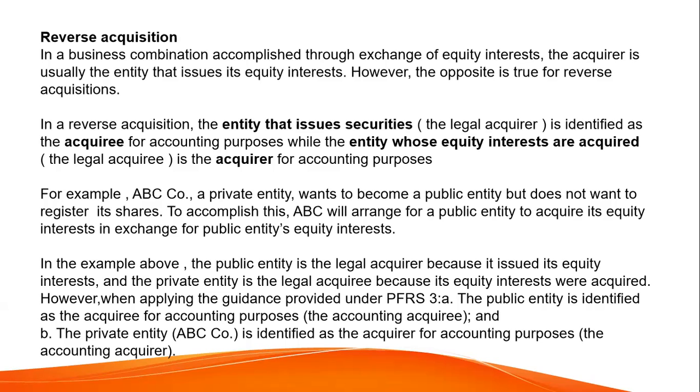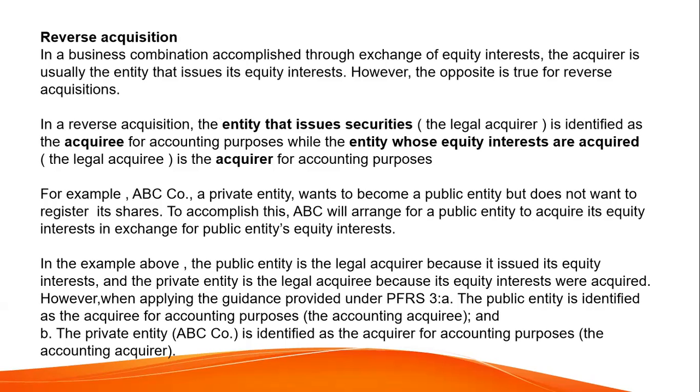In a reverse acquisition, the entity that issues securities, the legal acquirer, is identified as the acquiree for accounting purposes, while the entity whose equity interests are acquired, the legal acquiree, is the acquirer for accounting purposes.